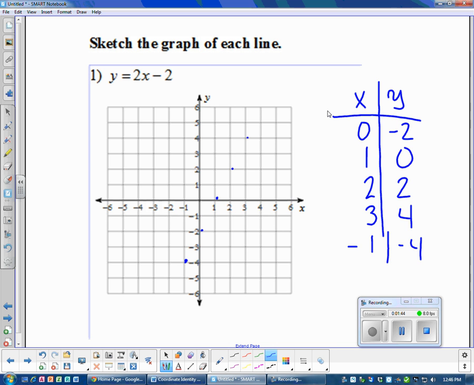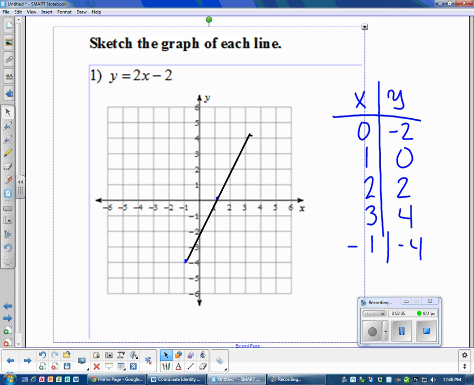So that I can come in here, ladies and gentlemen, and draw my line from here through my points. Let me just adjust it over my points. So there is my line. I've modeled number 1 for you. Therefore, you are to do 2, 3, and 4 the same way, creating a table, plotting them, and then graphing the line through the points.